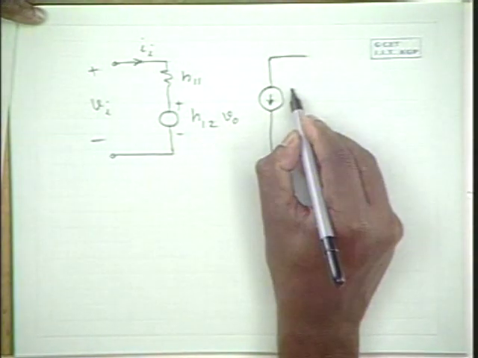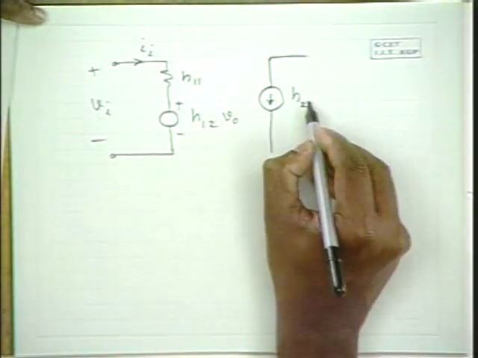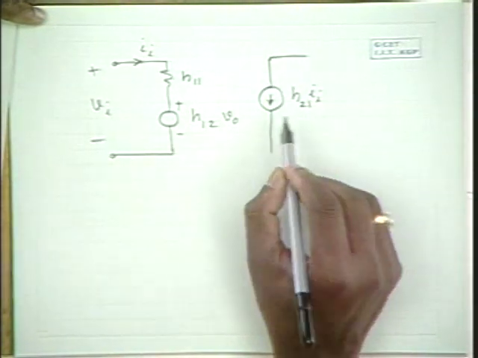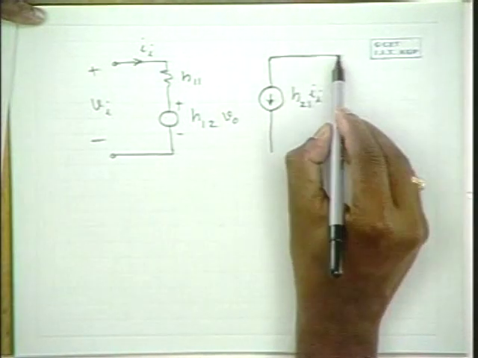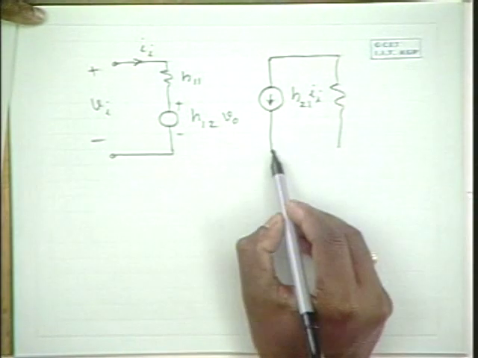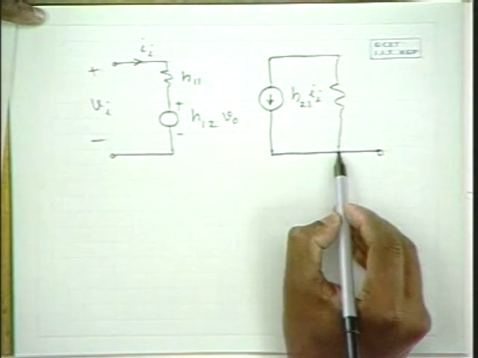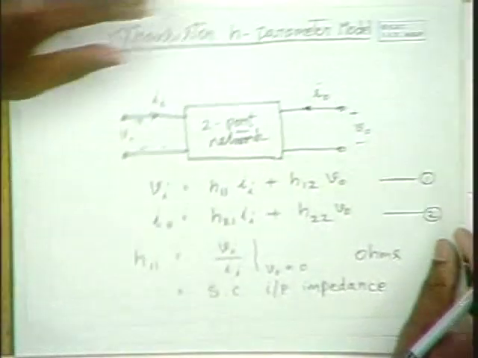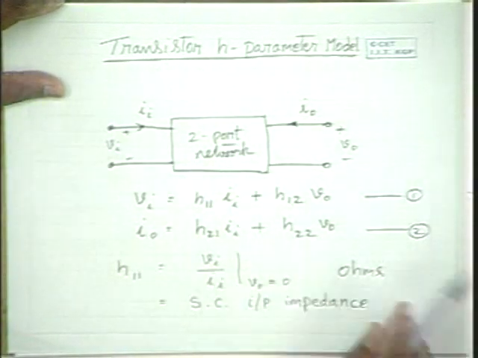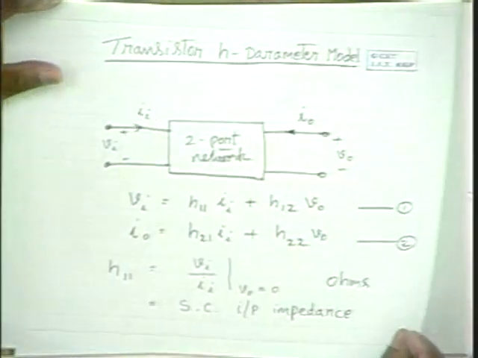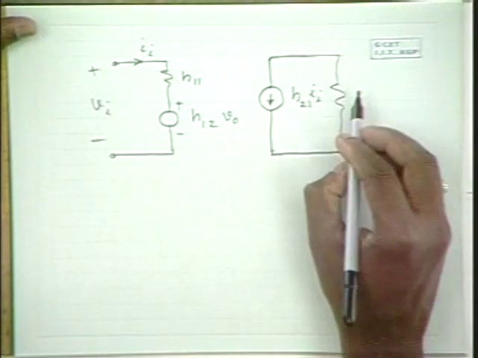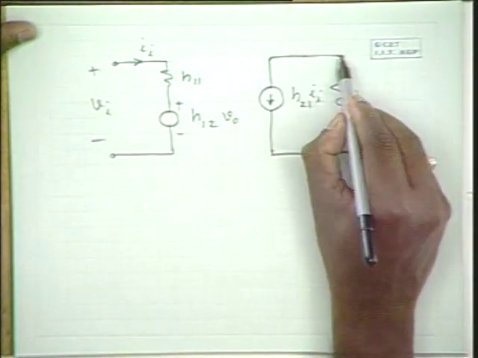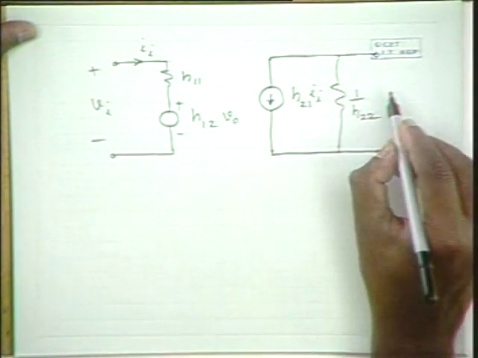This current is h21 I1, an input current dependent current source, and there is an admittance between these terminals, and the admittance is h22. So if you represent it by resistance, it is 1 by h22. So these are the output terminals.